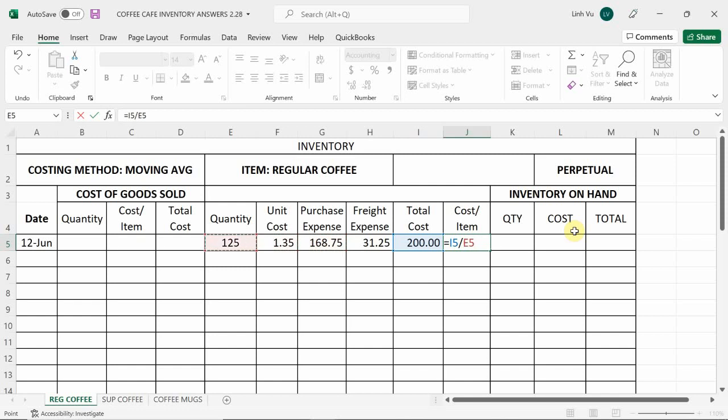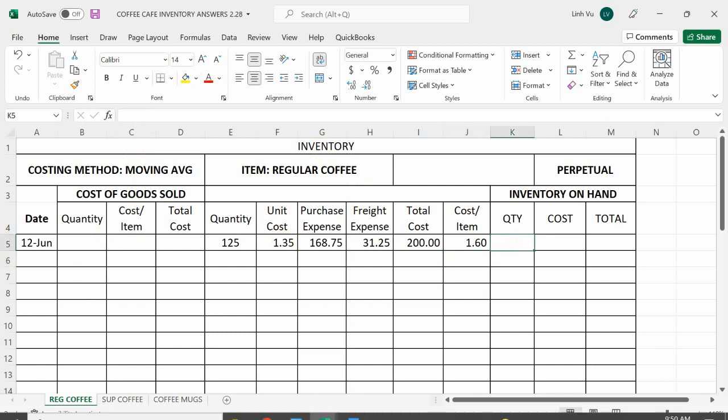All right, can you guys calculate it? What is 200 divided by 125? $1.60. Okay.